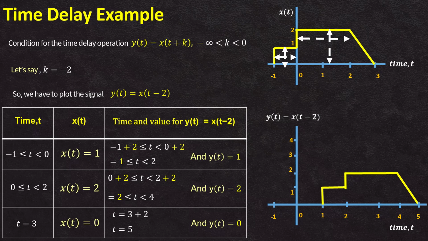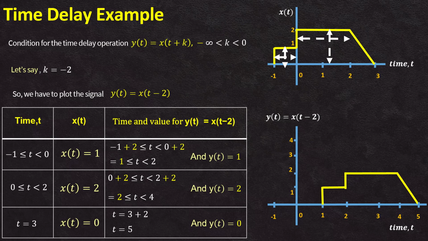If we compare the two waveforms, then we can see that the time axis of the signal y(t) is shifted to the right compared to the time axis of the signal x(t), or the time delay operation of the signal x(t) takes place. If we take a look at the two waveforms, then we can see that for the signal x(t), the time axis exists from -1 to 3, but for the signal y(t), which is equal to x(t-2), the time axis is available from 1 to 5.